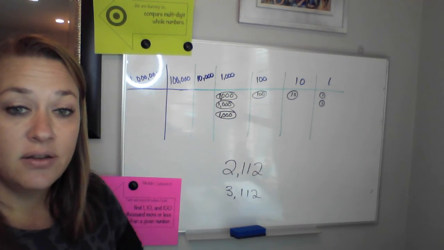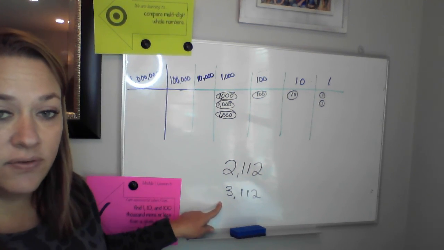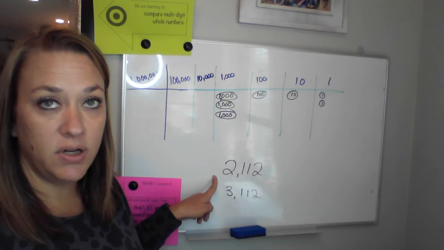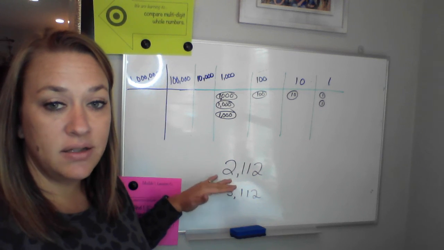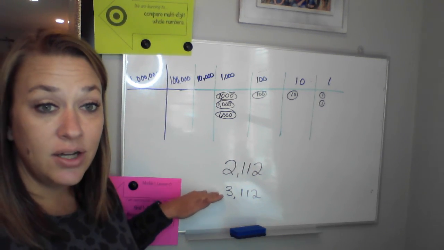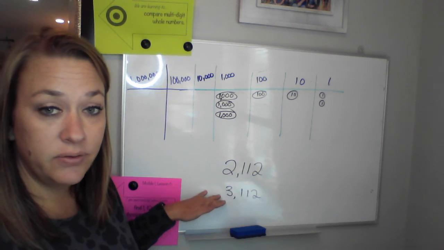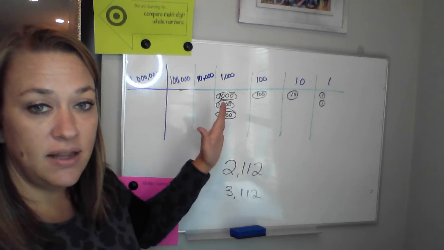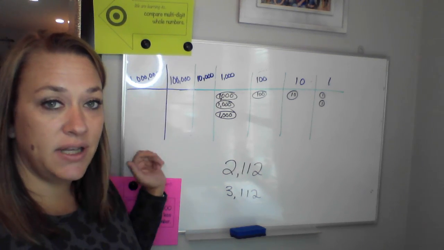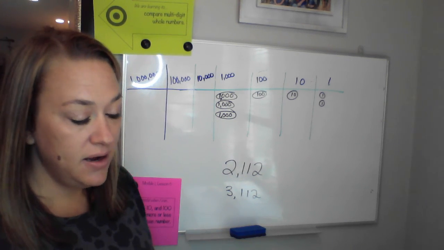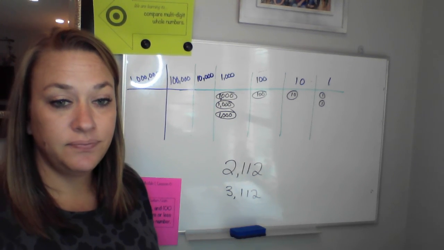So I could say 3,112 is 1,000 more than 2,112. Or I could say 2,112 is 1,000 less than 3,112. Okay, so we can do that with all of our place values. 10,000 more, 100,000 more, a million more. So we're going to look at that in a couple different varieties today.